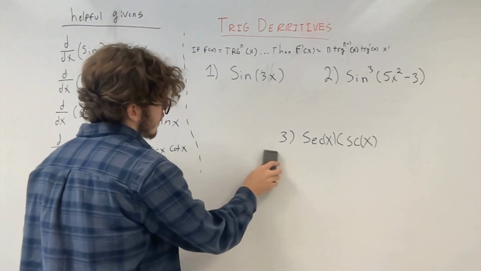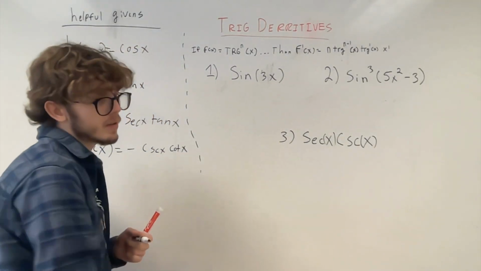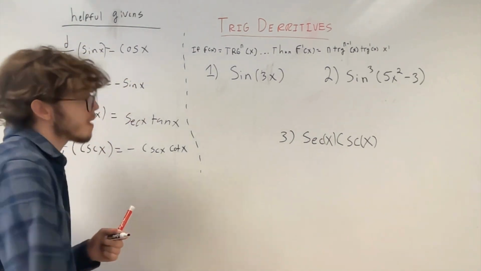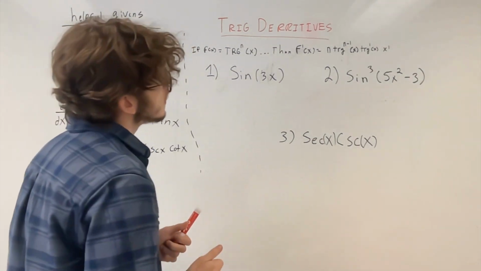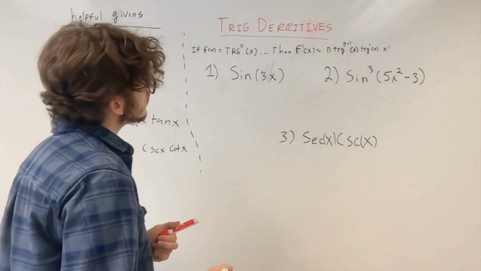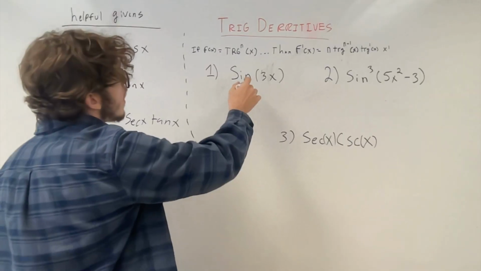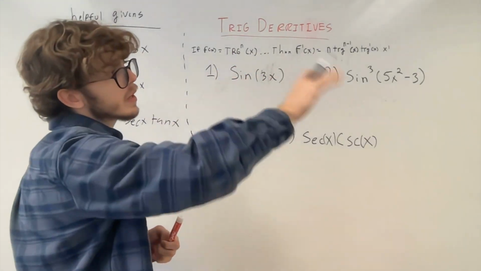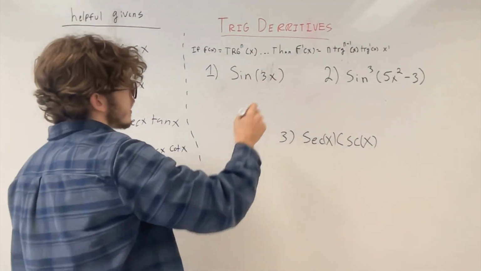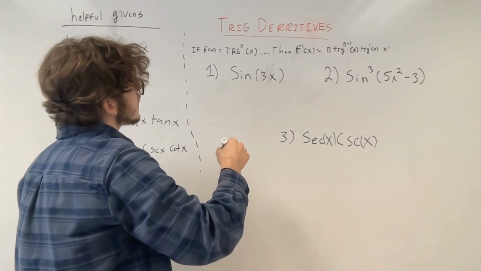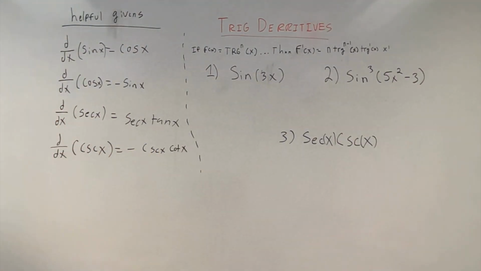And if you don't have a power, say for sine of 3x, it just kind of drops out that part. It's times 1. Well, then you take the derivative of the trig function, so just the trig function, ignoring the power and ignoring what's inside here. So, for example, and I actually have some givens for this.